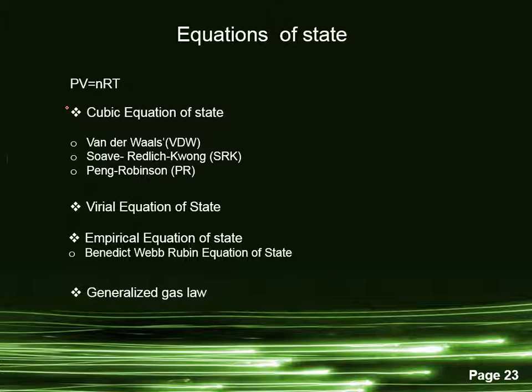Cubic equations of state are an attempt to expand the form of the ideal gas law to meet other non-ideal gases. And there is a whole family of these, but van der Waals, Soave-Redlich-Kwong, and Peng-Robinson are the most common of those. And then we have real equations of state.